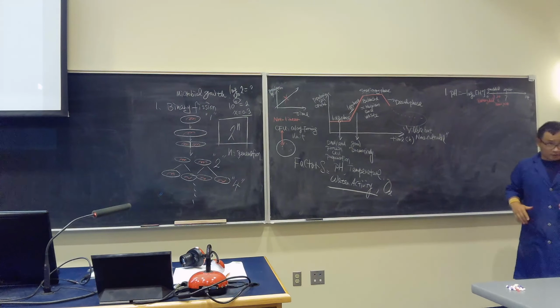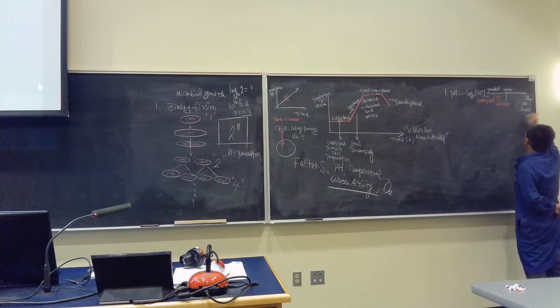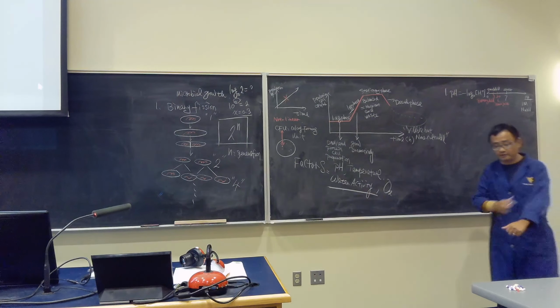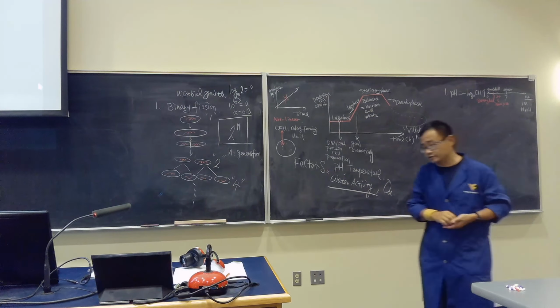So ideally 7, but most of the time you see 5.5. A little acid. What is pH 14? Very alkaline. What's that? 1 mole sodium hydroxide. It's very alkaline stuff.